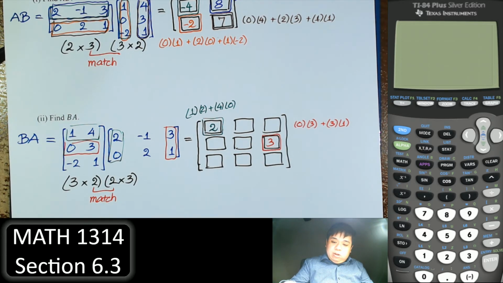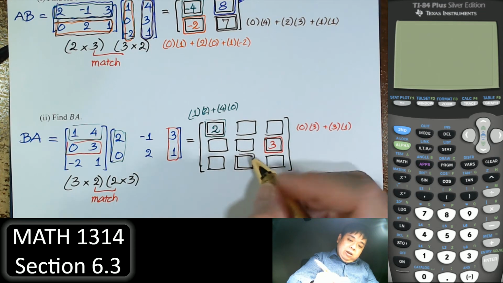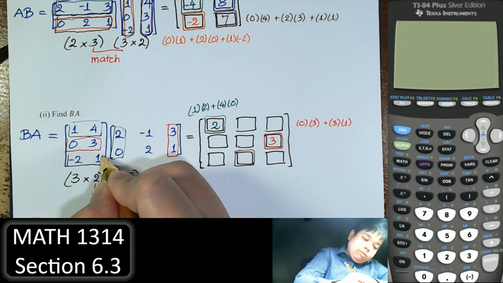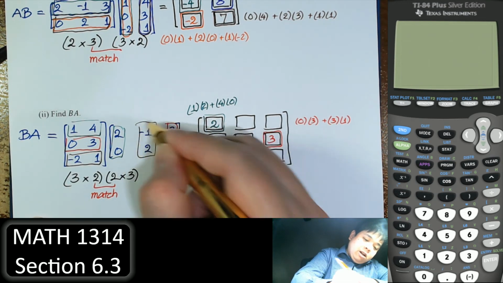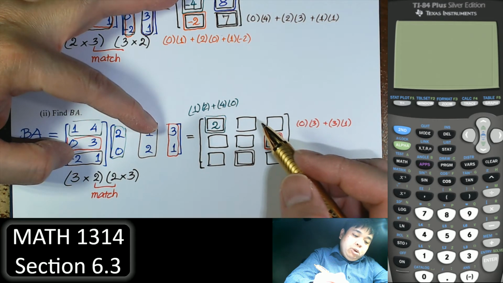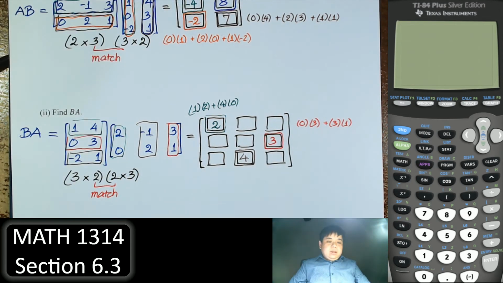For example, this one is on the third row, second column. -2 times -1 is 2, 2 plus 2 is 4. Then we can do the rest of the matrix.